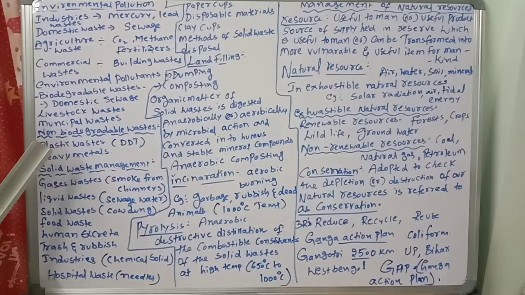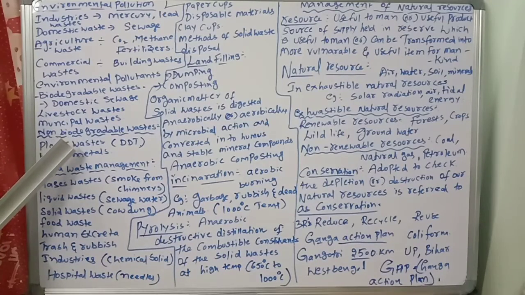Non-biodegradable waste is not acted upon by microbes, or is acted upon very slowly. Microbes cannot act on this. So these wastes undergo biological magnification in the food chain.